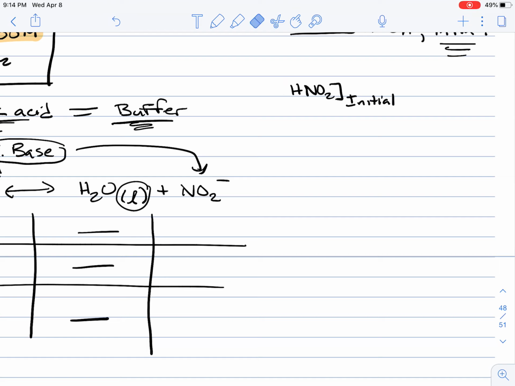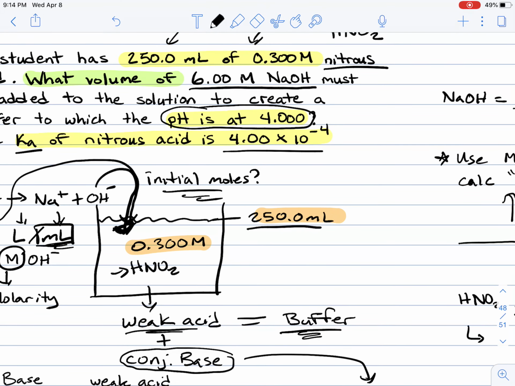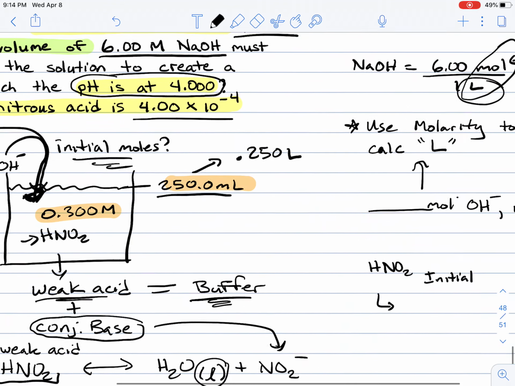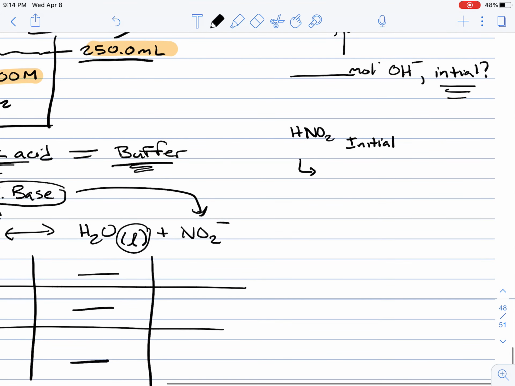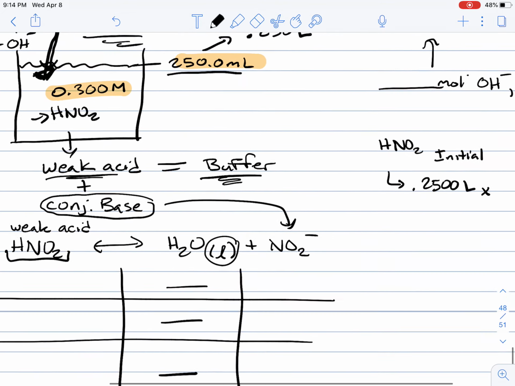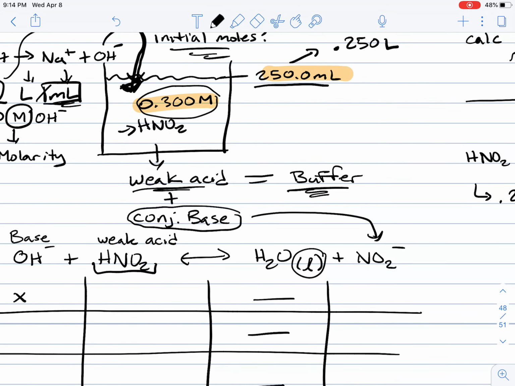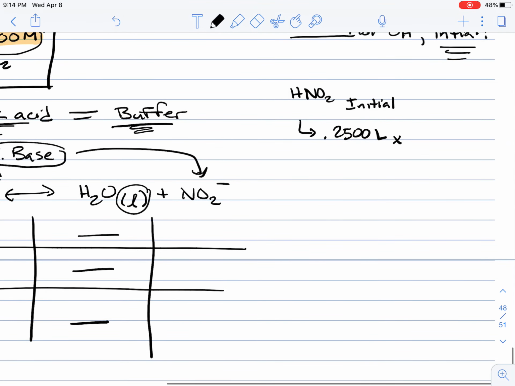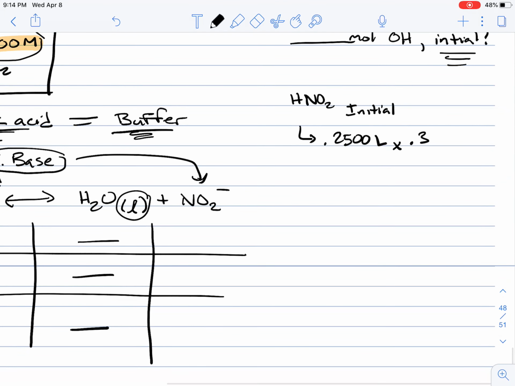I should not be putting this in brackets, because my unit is in moles. I'm going to take my volume, which is 250 mL, and 250 mL is 0.250 liters. So I'm going to take 0.250 liters and multiply that by the concentration, expressed in moles per liter: 0.300 moles for every 1 liter.